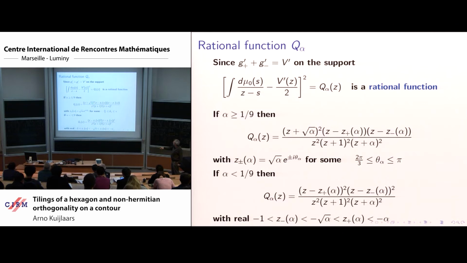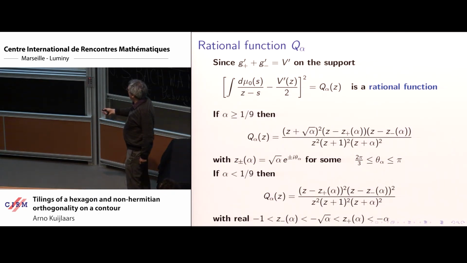And there is in addition a double zero here at minus square root alpha. If alpha is less than 1/9, then you still have these double poles, but then you have double zeros for Q alpha.